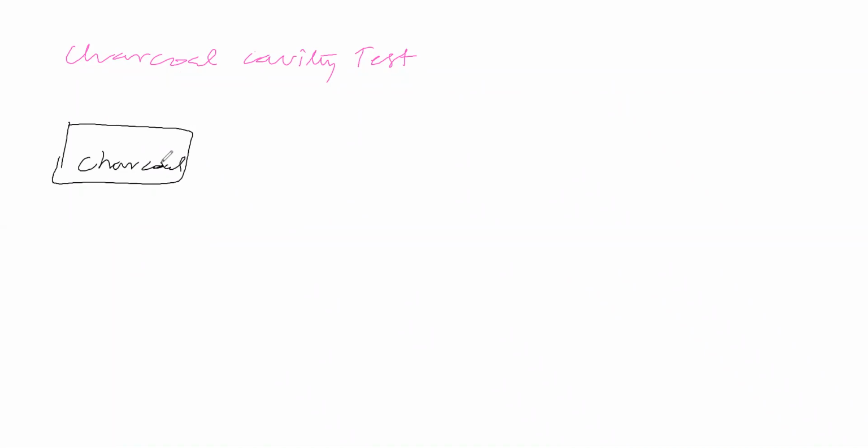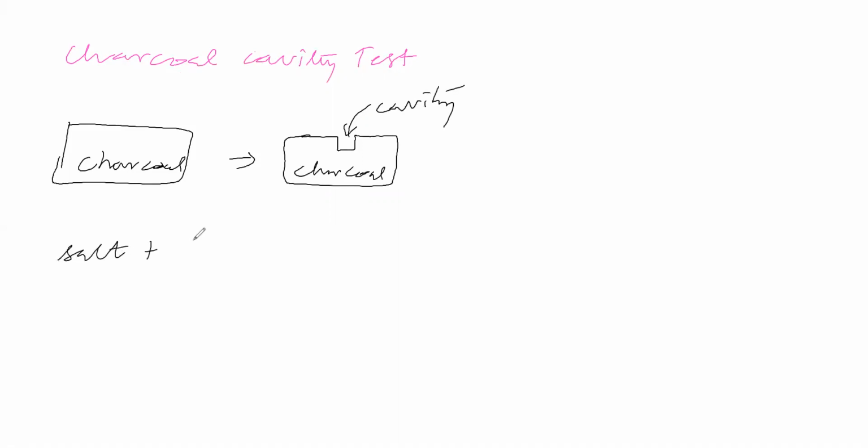Then in this piece of charcoal, let us make a cavity. Okay, we made a cavity in the piece of charcoal. Then you take the given salt. To the given salt, add sodium carbonate.